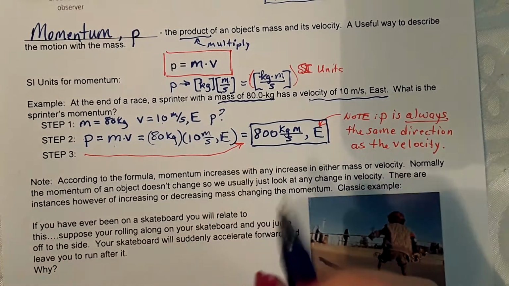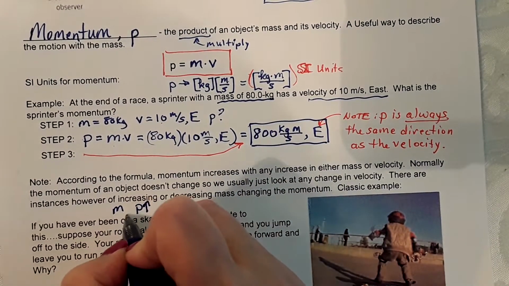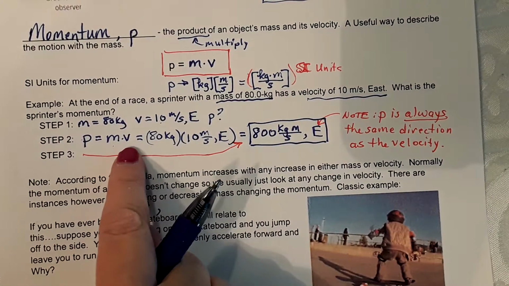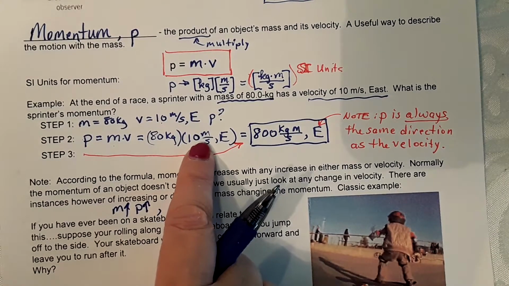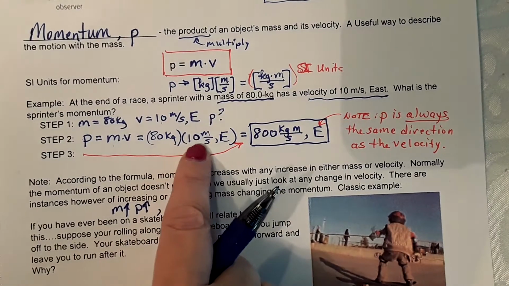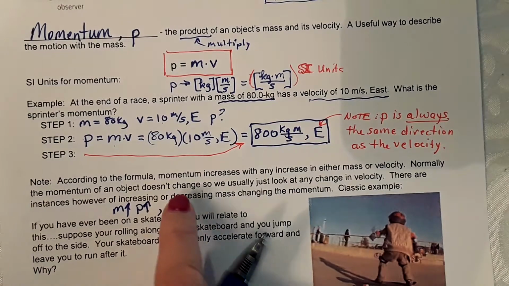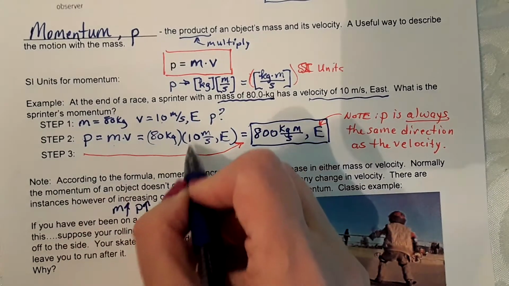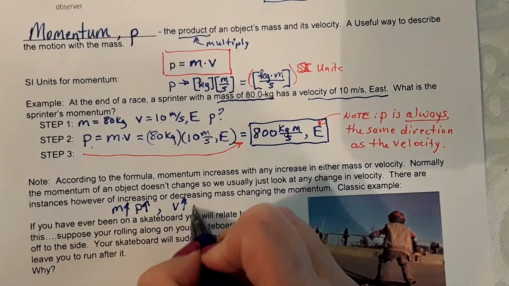So if you'll notice, if the mass increases, so does the momentum. Likewise, if we had said the object was moving at double the speed instead of 10, well, double is 20. 20 times 80 would be 1,600 also. So if you increase the velocity, you increase the momentum. My tongue's getting all twisted, sorry about that.